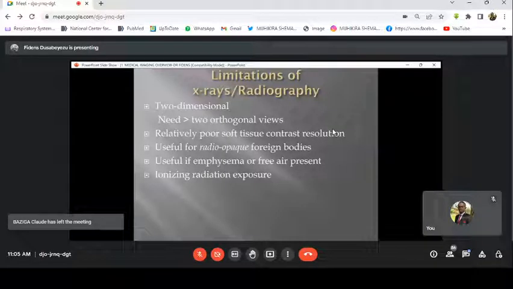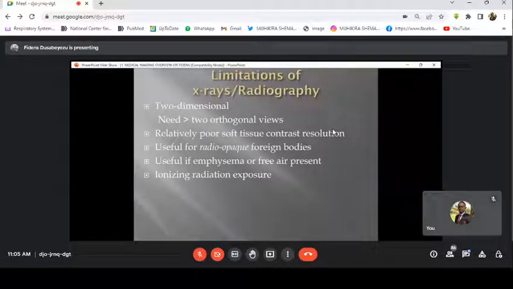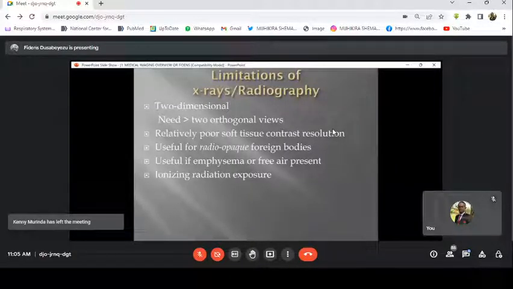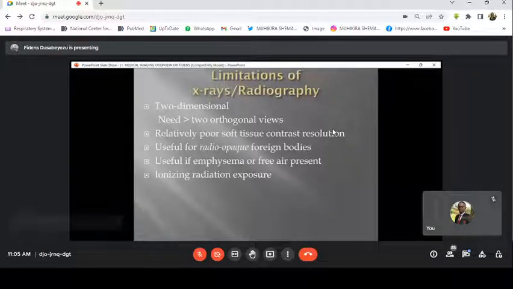Especially for children and pregnant patients, you cannot just say CT scan of the abdomen while the patient is pregnant, or for young children, you cannot just send them for X-rays frequently without any limitation. You have to think of this ionizing radiation exposure that can cause other serious diseases.